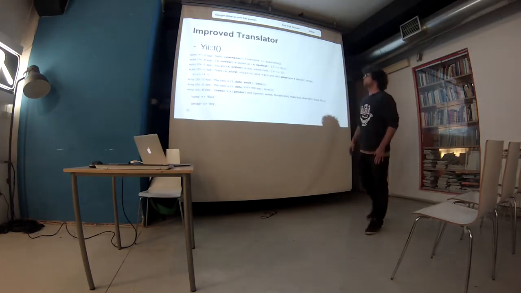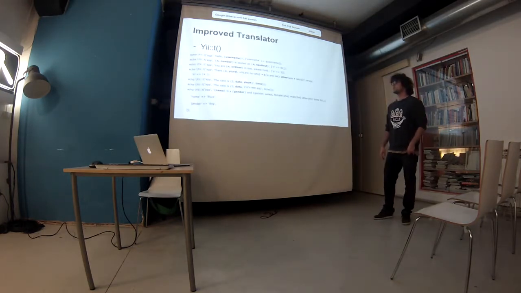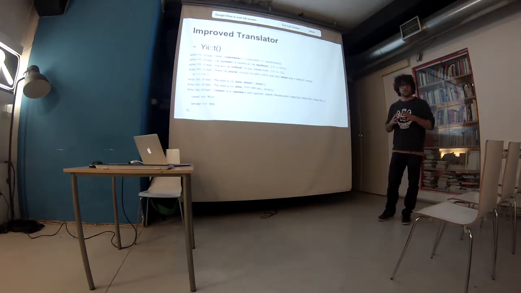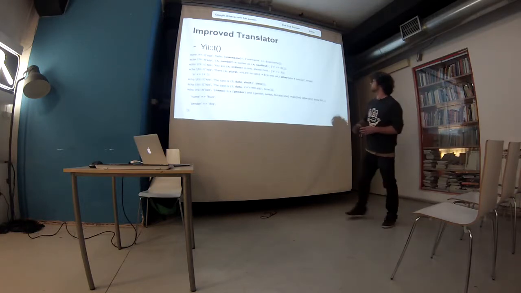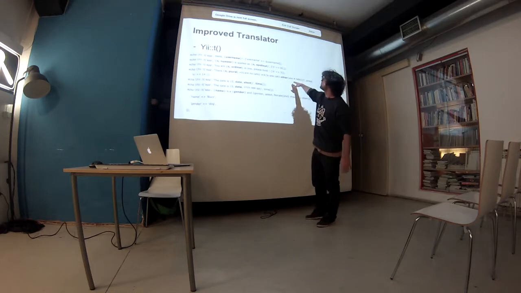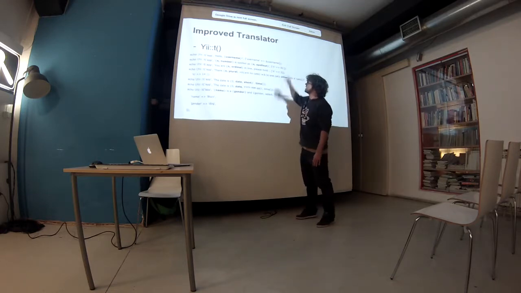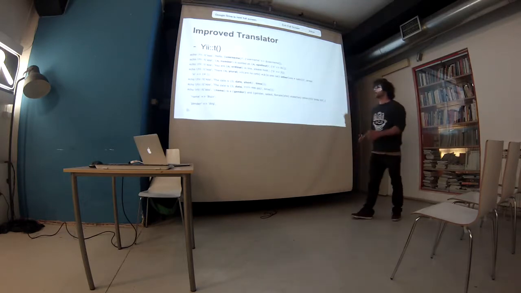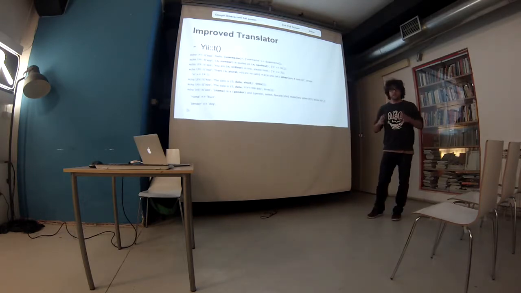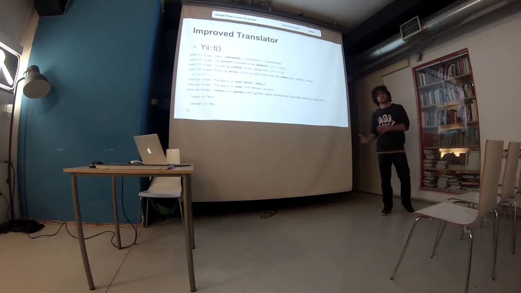Translator has also improved, and when I say improved, I mean especially in the matter of formatting. So I like this example here a lot. This is something that was accessible in Yii 1 as well. But let's say this example here, I really like this. Depending on your input, your output will change.